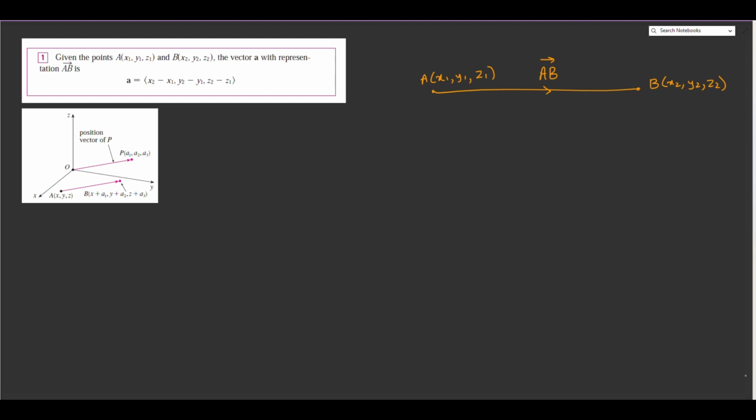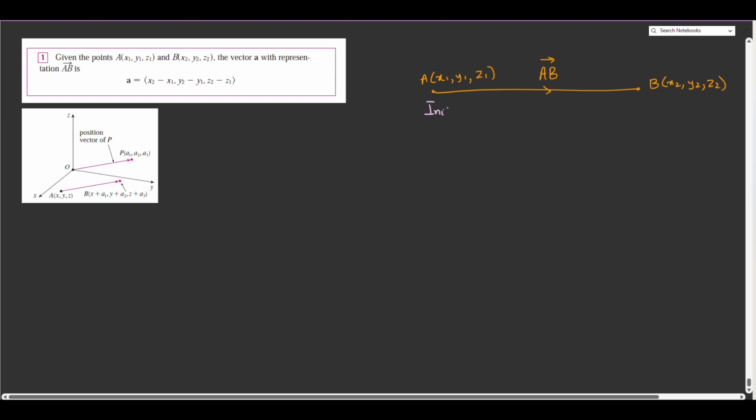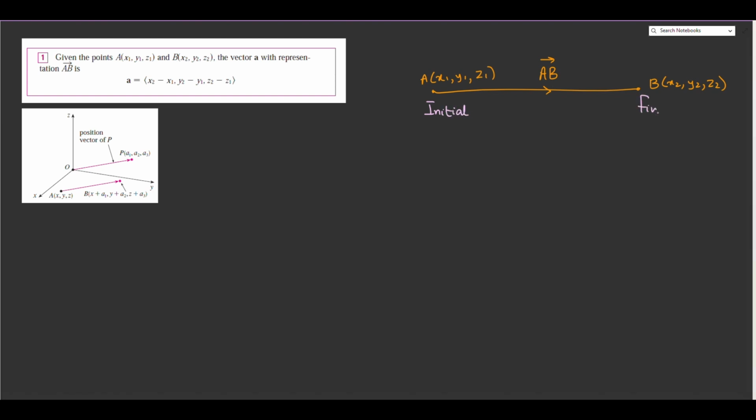You can say this point A is our initial point, and the point B is our final point. The formula here is that the vector AB can be written as the final minus the initial point. This is how you can remember it: final minus initial point.